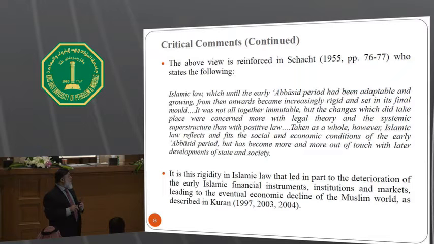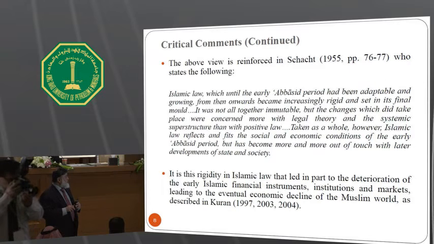Taken as a whole, however, Islamic law reflects and fits the social and economic conditions of the early Abbasid period, but has become more and more out of touch with later development of state and society. It is this very rigidity in Islamic law that led in part to the deterioration of the early Islamic financial instruments, institutions and markets, leading to the eventual decline of the Muslim world as described by Timur Kuran.